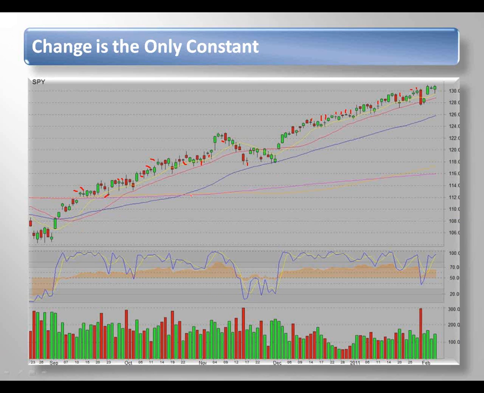Anything you want to add to this slide? No, totally agree with you there. And this is much similar to the action you saw from the bottoms we hit in March 2009, right? Yes. Basically through 2009 and 2010. So it's very similar.